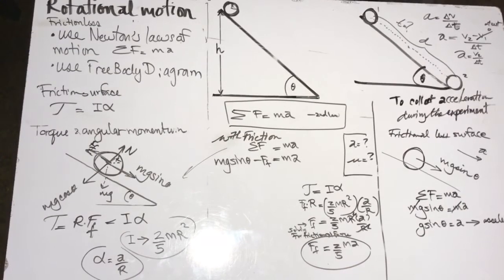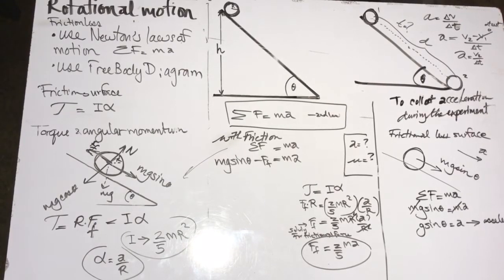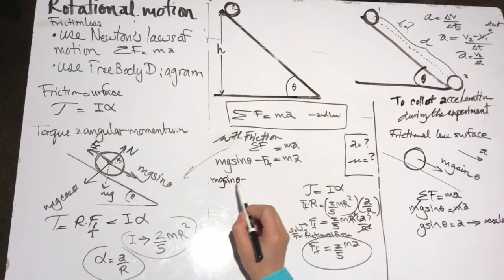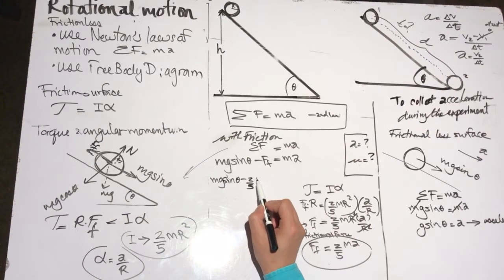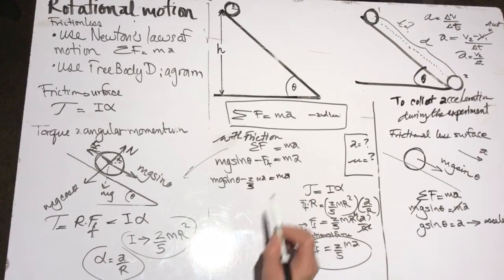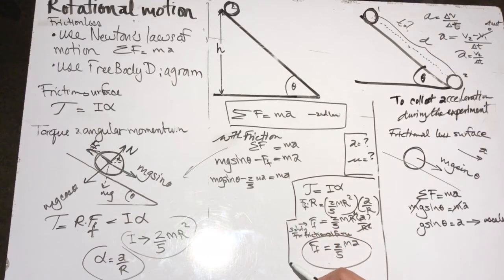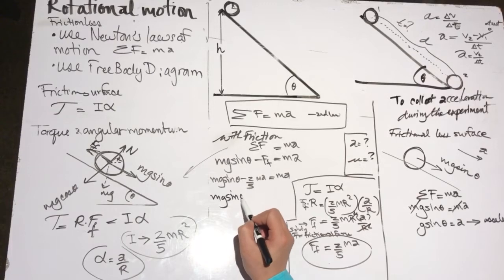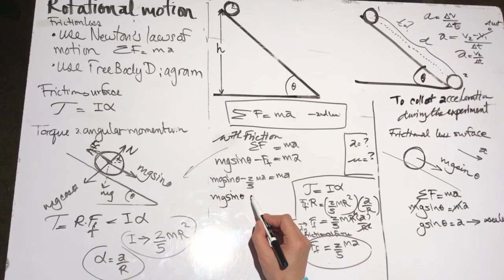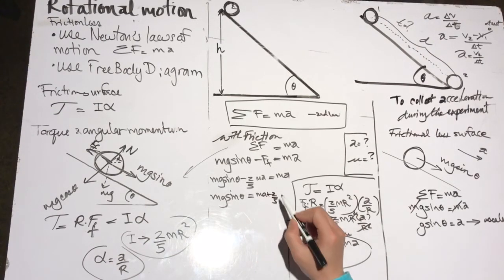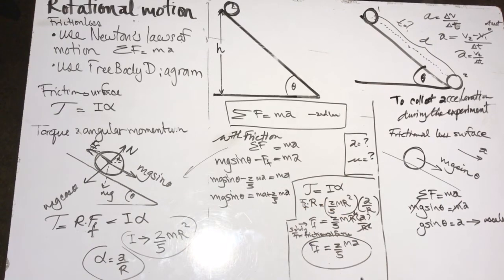Now what we do is replace the frictional force in there. So it will be mg sin theta minus 2/5 ma is equal to mass times acceleration. From now I'm just going to have to combine mass. So it will be mg sin theta is equal to ma plus 2/5 mass times acceleration.